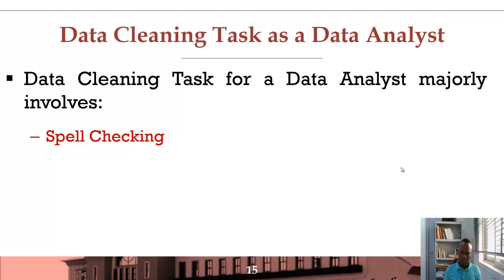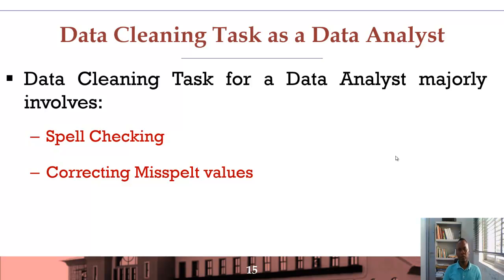So you can agree with some of those suggestions, and you can ignore some of them. For suggestions that you don't agree with or that cannot be corrected using spell checking, you can still use the find and replace feature to correct those misspelled values. After you've corrected the misspelled values, you can go ahead to remove your empty rows.